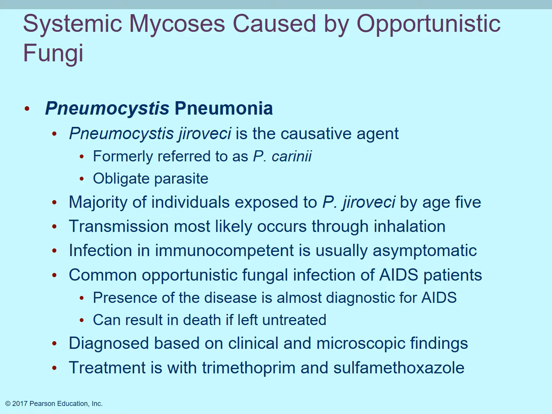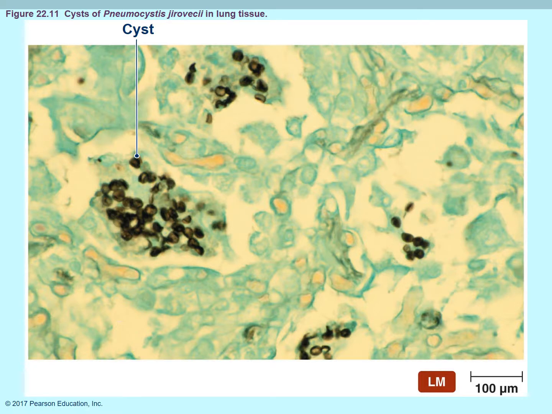It was unusual to see the sudden increase in the number of cases of pneumonia caused by this fungus. And that was what raised a red flag of, wait a minute, what is going on here? Like I said, this is very common to see in AIDS patients. You can treat it with various antibiotics. This shows what the cyst looks like in a sample of lung tissue.